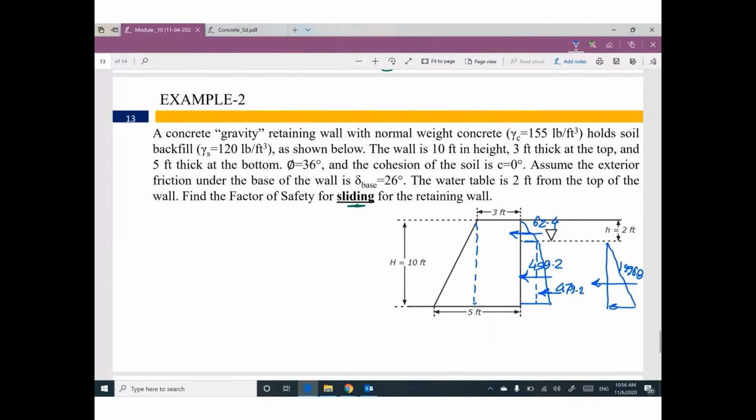So summation of all lateral forces will be the driving force, equal to forces only: 62.4 plus 499.2 plus 479.2 plus 1996.8 equals 3,037.6 pounds.